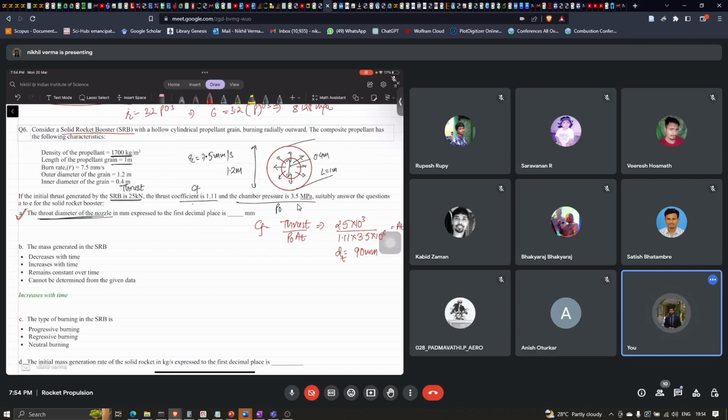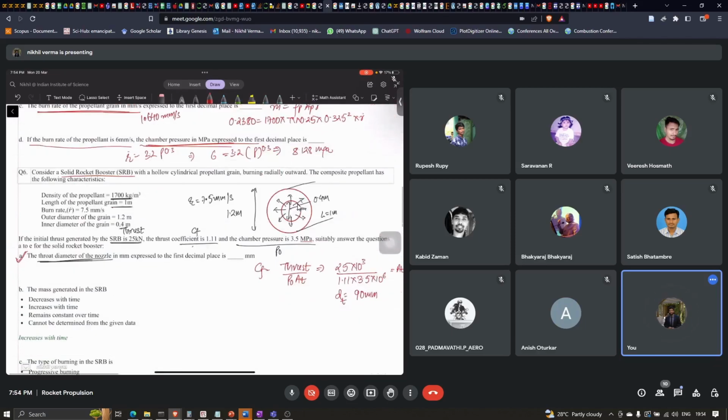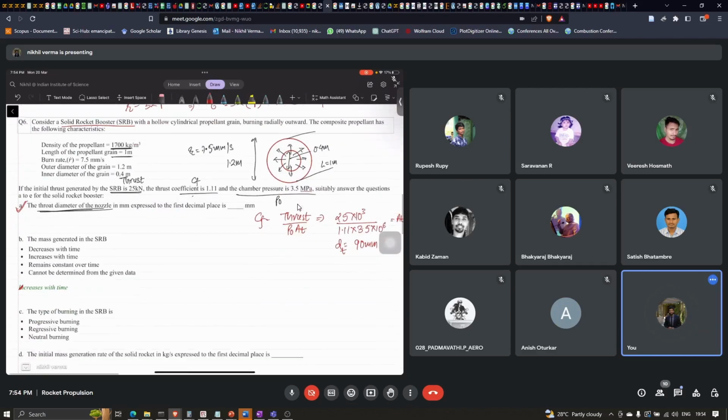Now, the mass generated in the SRB. The answer is already there, but why does it increase with time?